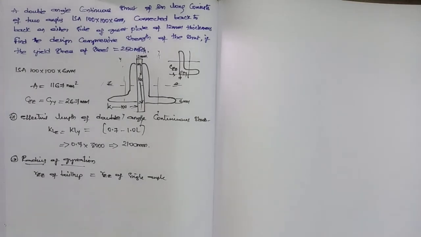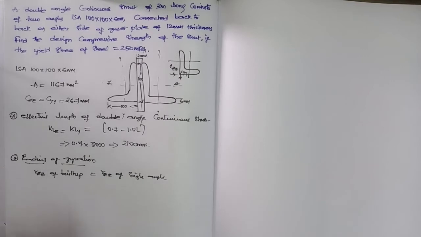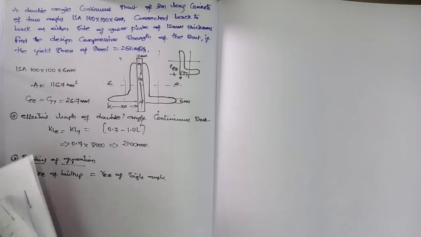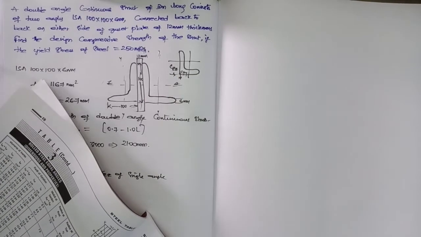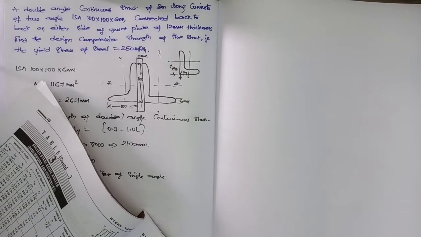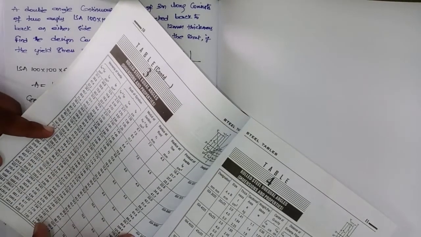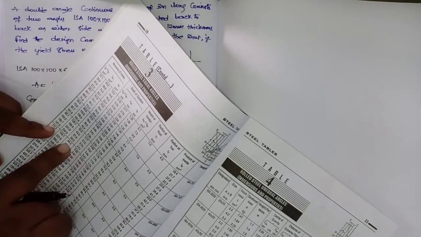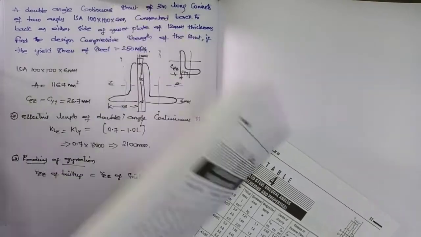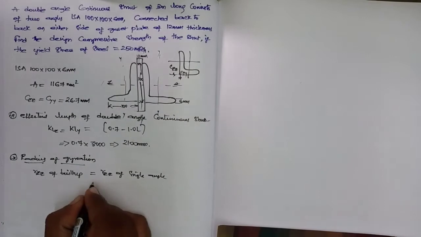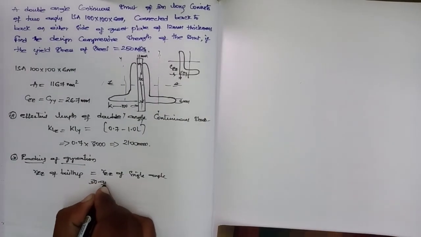Now from the steel table, for 100 by 100 by 6 mm, it is 30.9 mm.